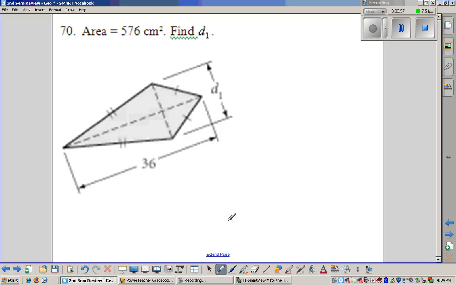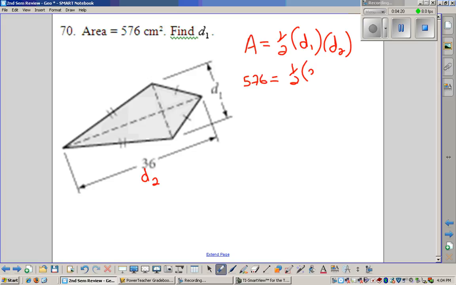The next one. Given the area of a kite, find diagonal 1. They gave us that distance, which we'll call diagonal 2. So the area is 1/2 diagonal 1 times diagonal 2. We have everything we need. 576, half, 36, and d2.